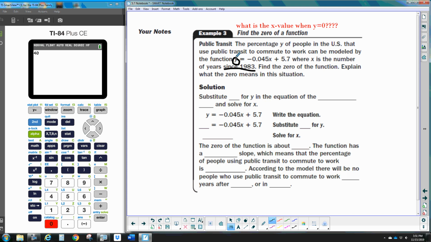So we are going to set this equal to 0. So we are going to substitute 0 for y in the equation y equals negative 0.045x plus 5.7. Okay, and this is the best fitting line.